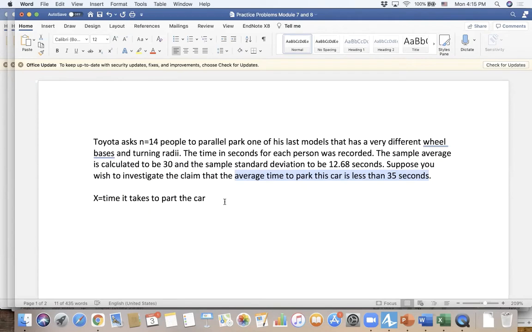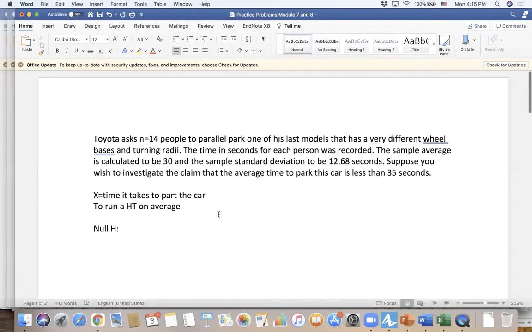Okay. So then I'm interested to run a hypothesis test on the average. And my null hypothesis, can you tell me what is my null hypothesis here? Mu equal to 35 seconds.